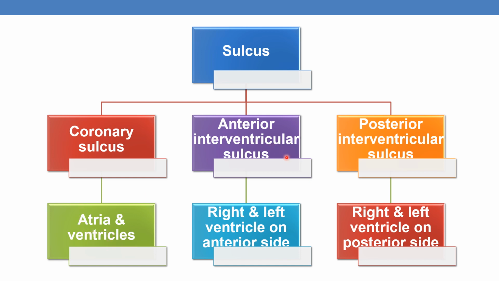Whereas the anterior interventricular sulcus, as the name indicates, forms an external boundary between the right and left ventricle on the anterior side. Hence the term anterior interventricular sulcus. The next is posterior interventricular sulcus. It forms an external boundary between the right and left ventricle on the posterior side.